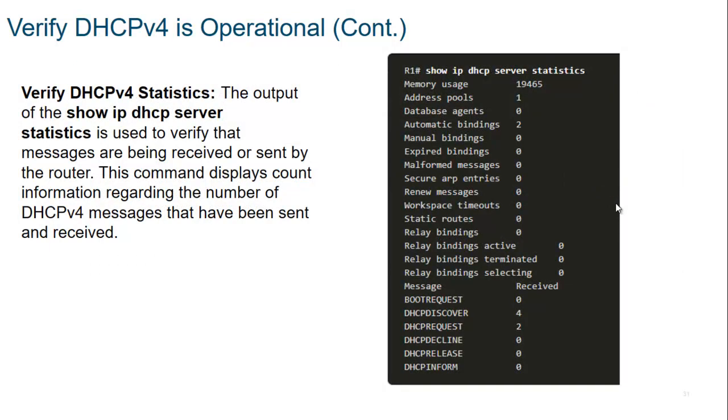The output of the show ip dhcp server statistics is used to verify that messages are being received or sent by the router. This command displays count information regarding the number of DHCP version 4 messages that have been sent and received. So you can see a lot of information here. Automatic bindings are 2, address pools, there is 1 address pool, and how many messages have gone out or been received, etc.